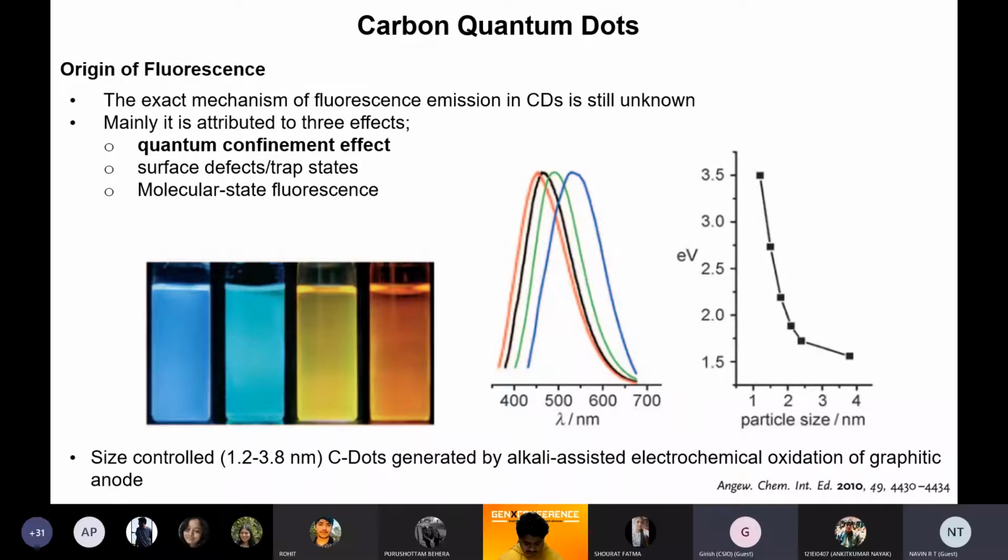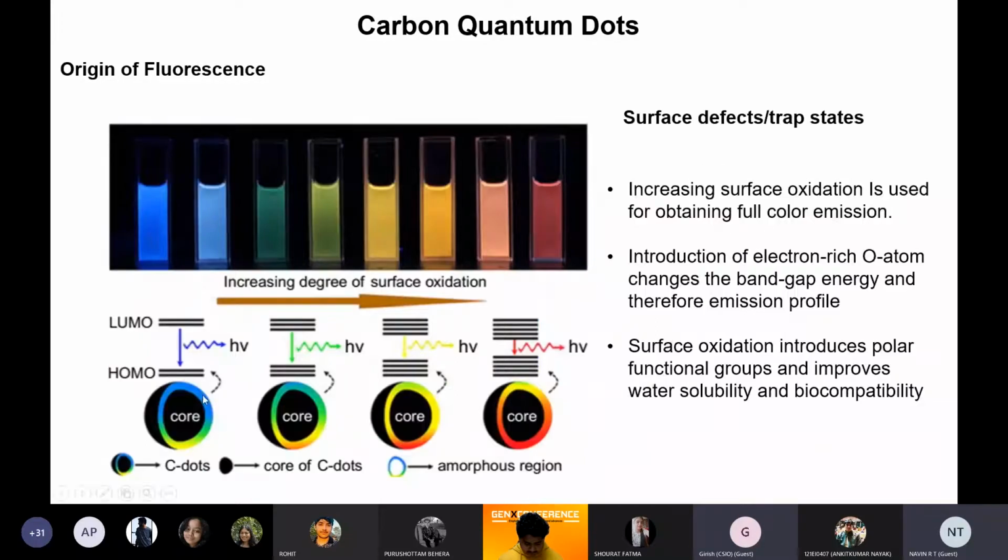So after this quantum confinement effect, people also studied the surface effect of carbon dots. As I discussed previously, the researchers were able to show that if we control the degree of surface oxidation of carbon dots, we can actually change the luminescence or the emission profile of the carbon dot.